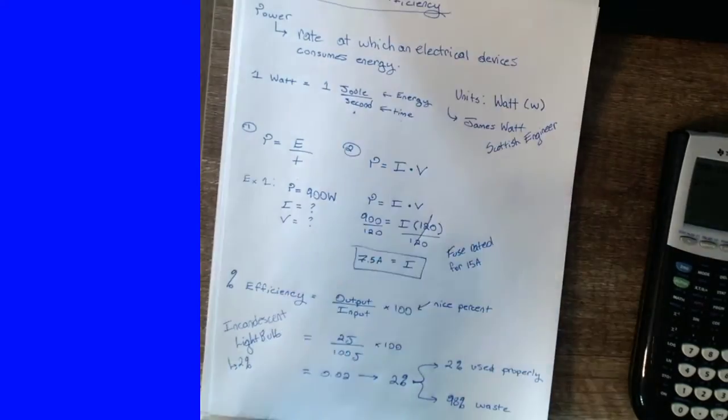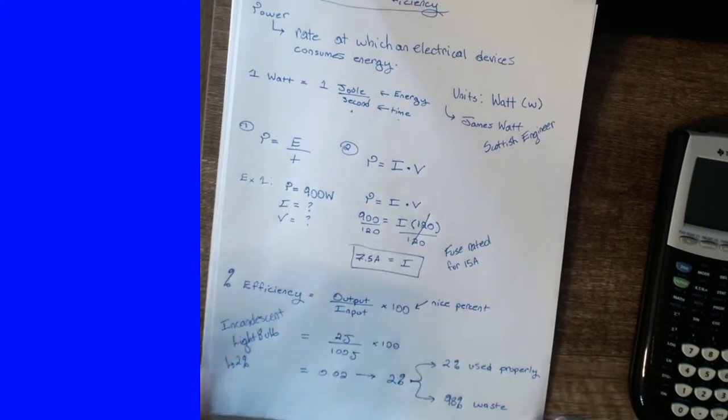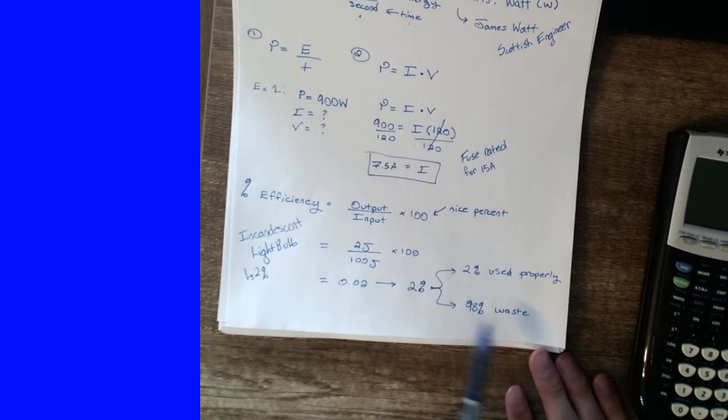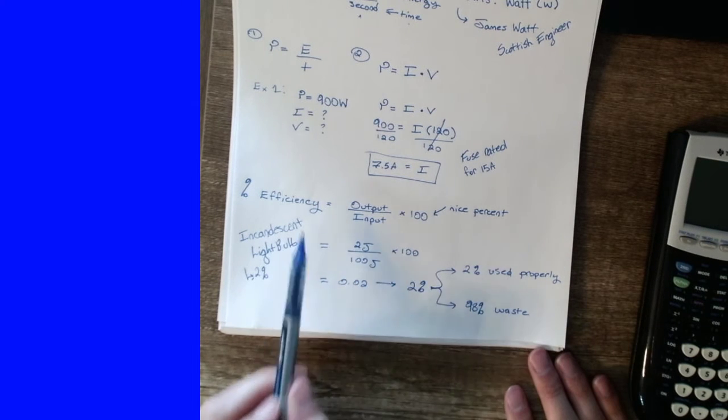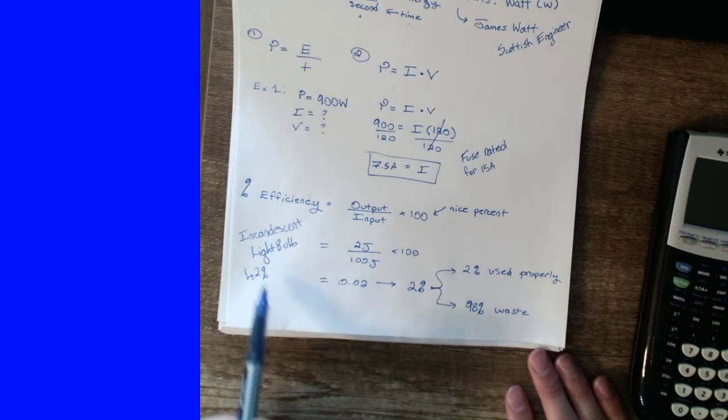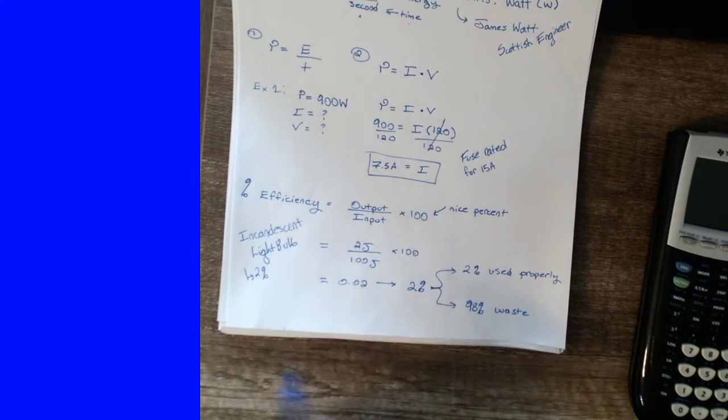So the other 98%, well, if you've ever had an incandescent light bulb, you know it heats up quite a bit. So in terms of waste, it's not that it's gone, it's not that it got destroyed, it's that it got turned into something that wasn't designed to. So for a light bulb that's 2% efficient, the other 98% usually goes into something like heat.